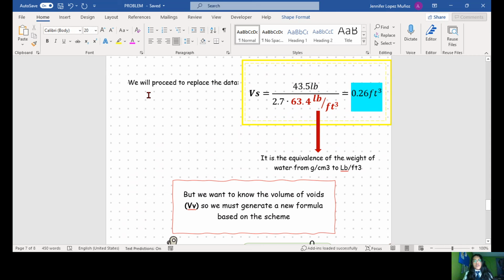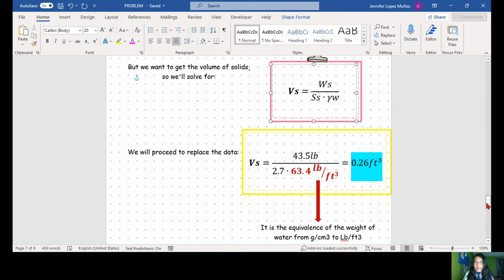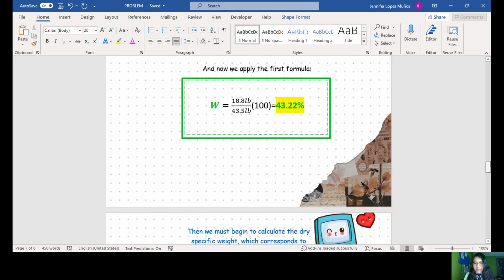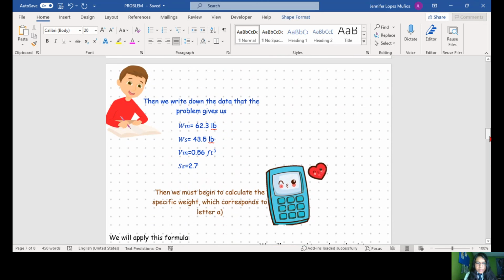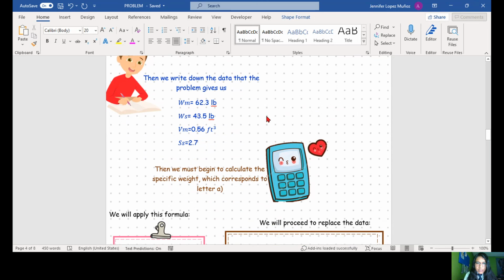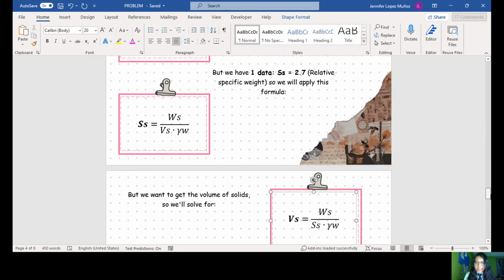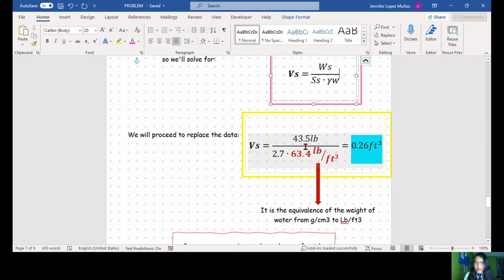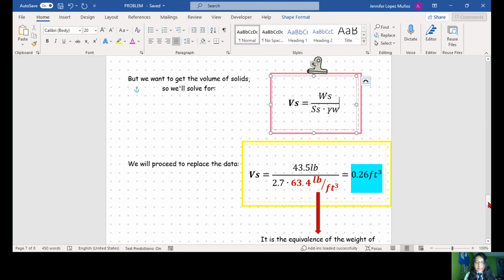We will proceed to replace the data. The solid volume equals the solid weight, which is 43.5 pounds, divided by the relative specific weight of solid.